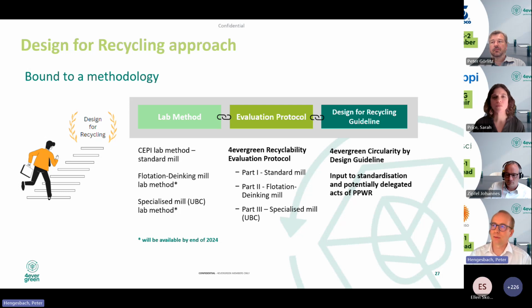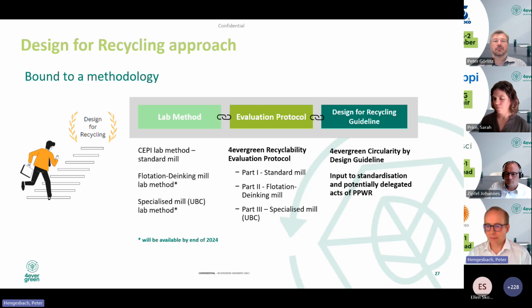And Peter also told you earlier that we are now in the transition phase of moving from an expert-based design for recycling table into a fact-based design for recycling guideline or tables. And this means you need tests to be done. You need an evaluation protocol to translate the test results into these design tables.